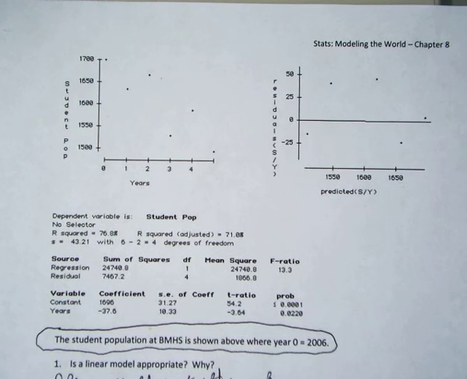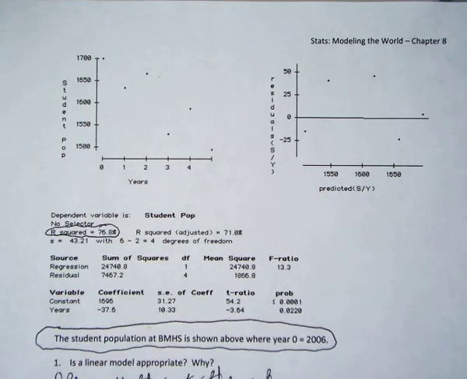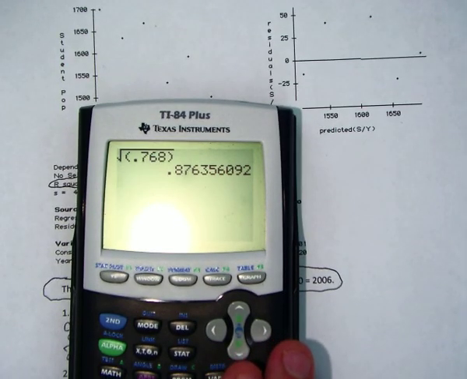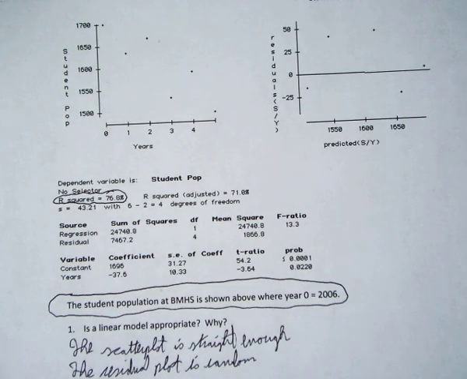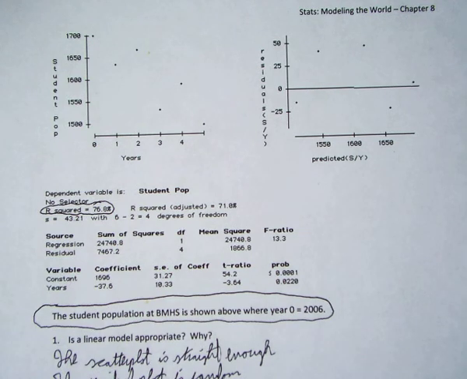Okay, so in this case we know that r squared is 76.8%. So to get r, we do the square root of 0.768, which is 0.876. Now, one other thing you have to take into account here is that the direction of this is negative.